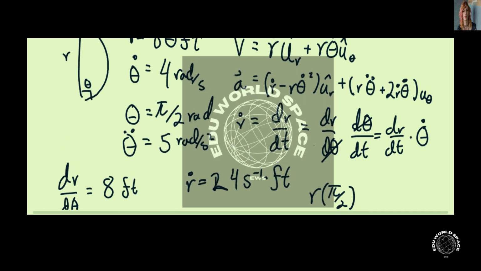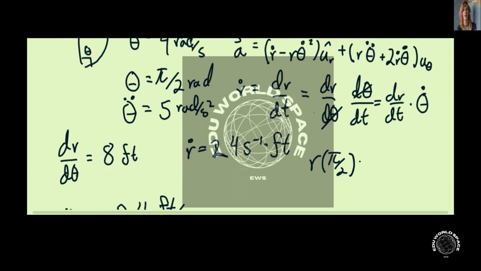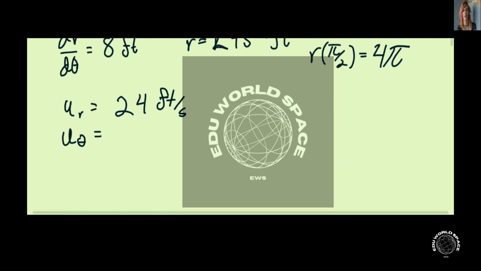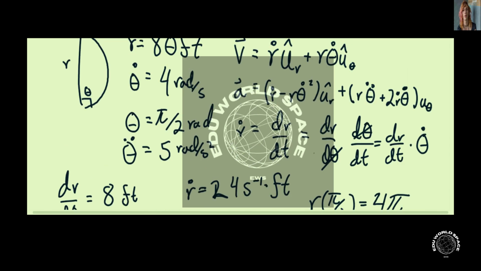Our radius is going to be 8 times pi over 2, which is 4 pi. So that's going to be 4 pi times 4 feet per second, which is 16 pi feet per second. So 16 pi feet per second for the transverse component of the velocity.